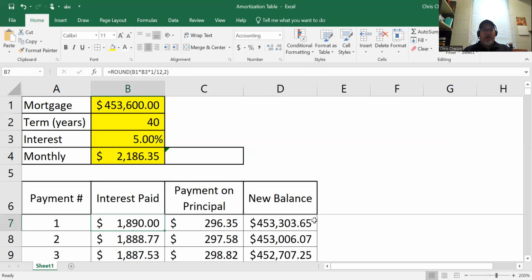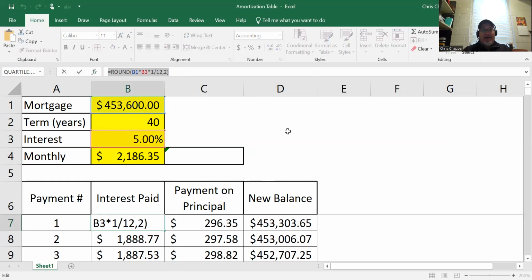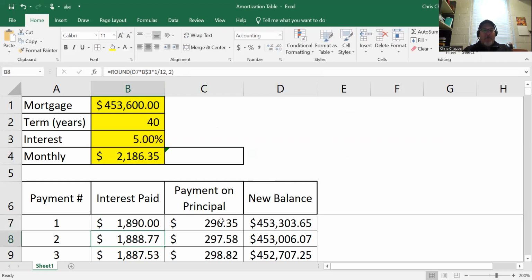I've got a formula here, you can see it up here, that calculates the interest paid based on where you are in the schedule. I've got a formula here that calculates the payment on principal, and a formula here that calculates the new balance. And that formula is replicated row per row. And if you notice, I did some rounding here. This first one did say round. Okay.